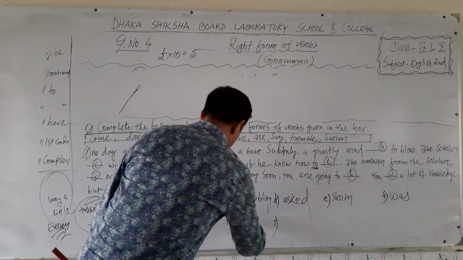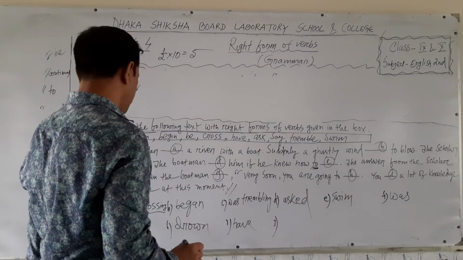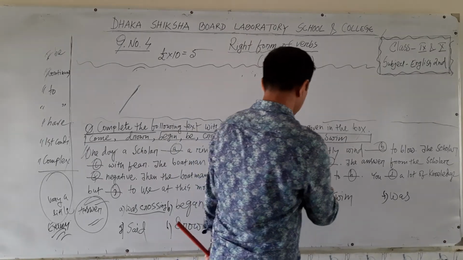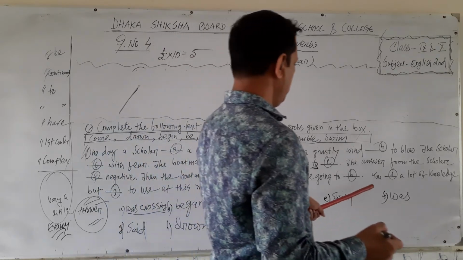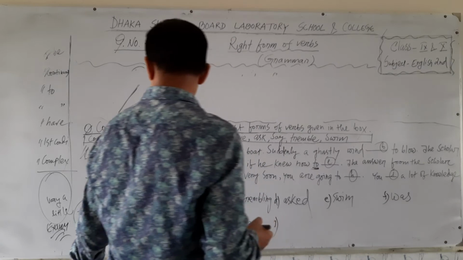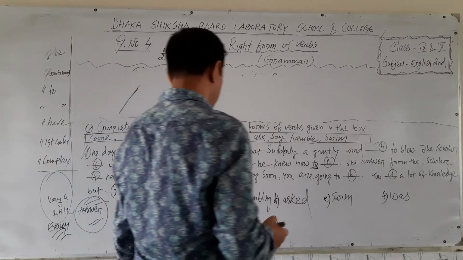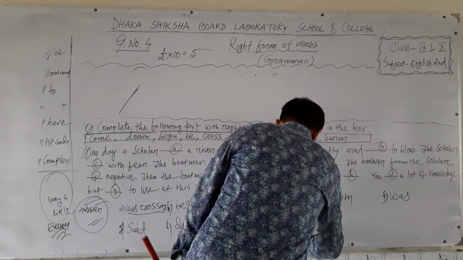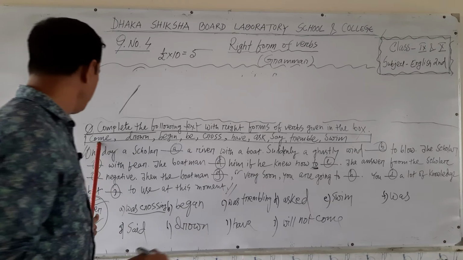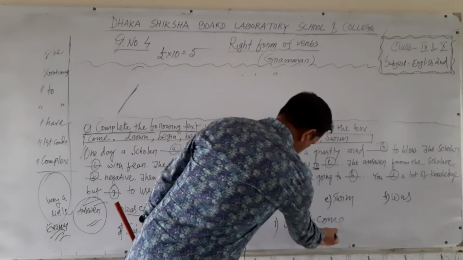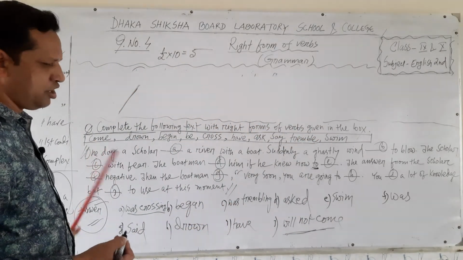"You have a lot of knowledge, but" here this is a conditional sentence. So, we have to use "you have a lot of knowledge, but gap to use at this moment, but will not come." Actually here come. So, we have used the future form, the indefinite form of this verb, actually will not come.